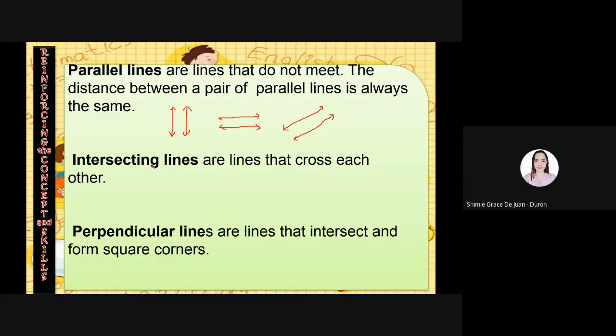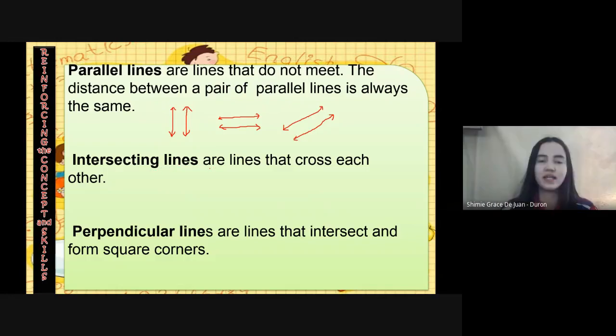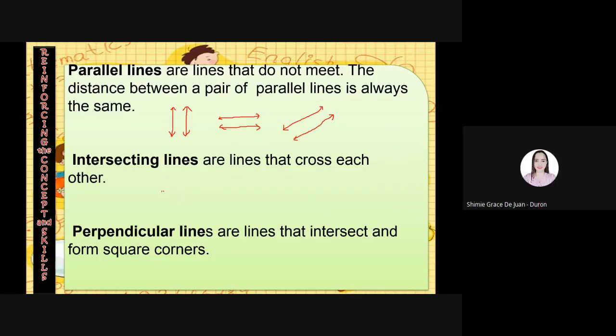Now we have here intersecting lines. These are the lines that cross each other. Okay, these are examples that form a cross like that. It forms letter X. You will remember letter X, okay?